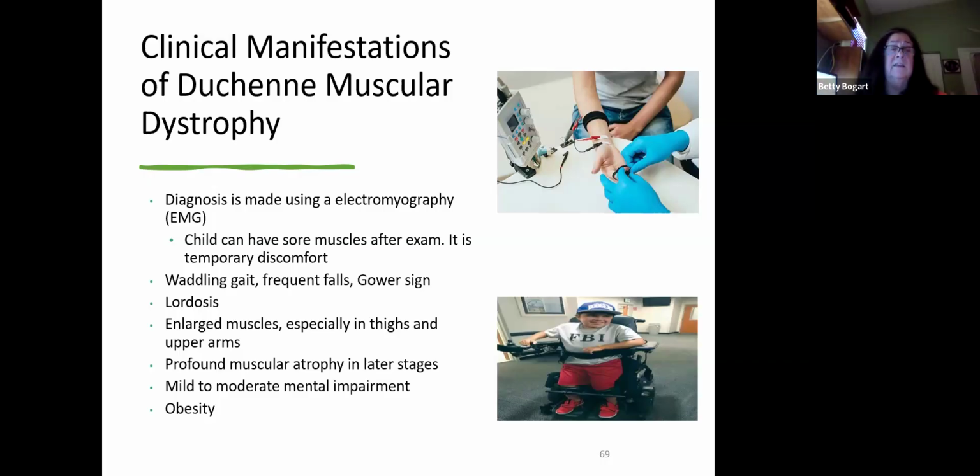And as I said, their mental impairment, mild to moderate problems with cognition in these children. And because they don't move that well, they tend to be obese. So we have to try to decrease that because this child is going to need full care.